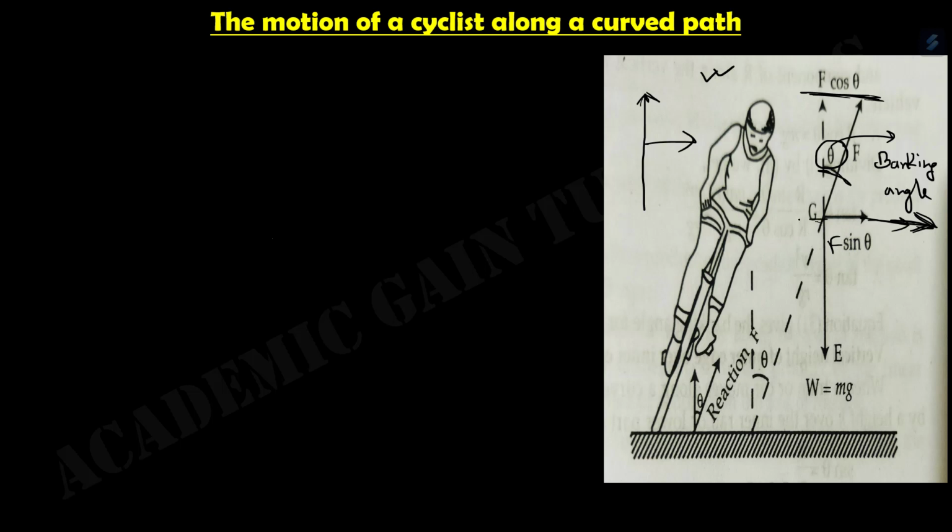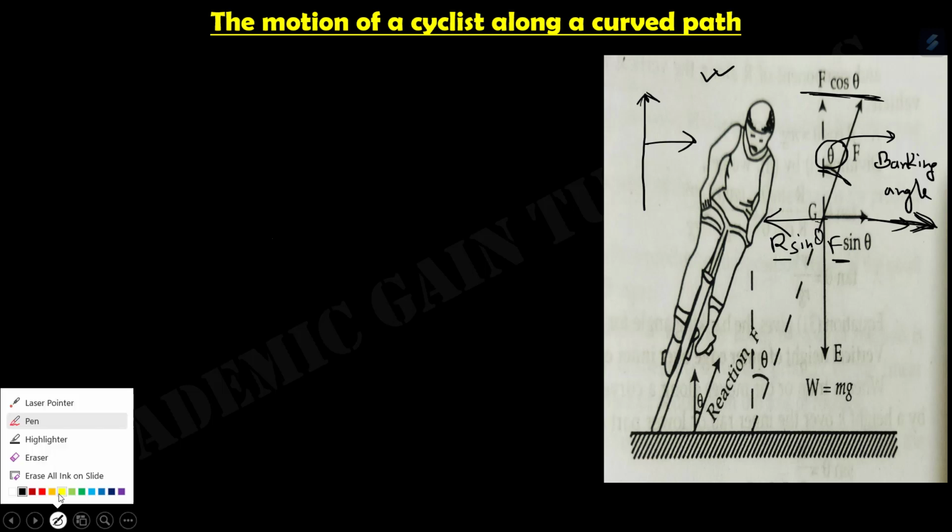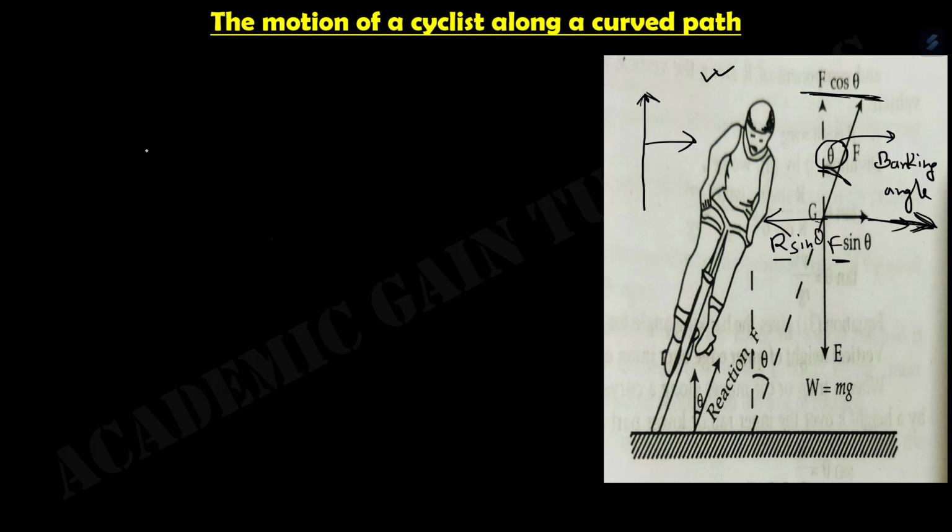As this is F sin theta, that will be R sin theta, where R is the reaction force. So we can write R sin theta equals centripetal force F_C. These two forces are equal and opposite, so the cyclist revolves in a circular path and does not fall down.